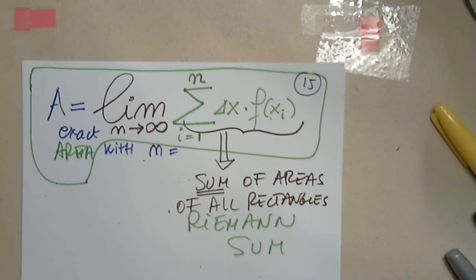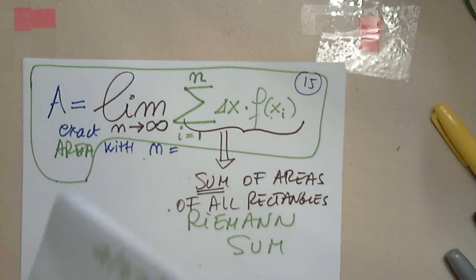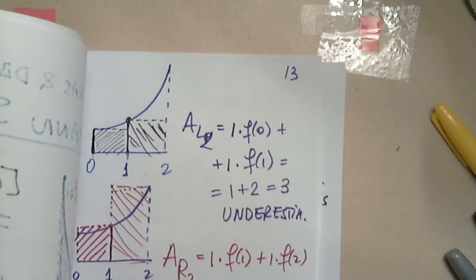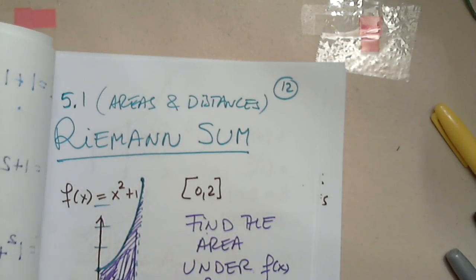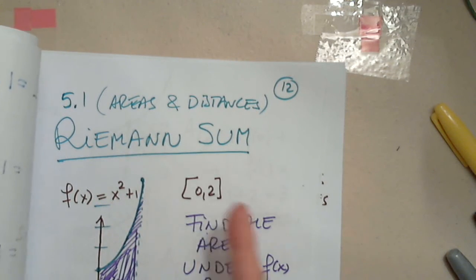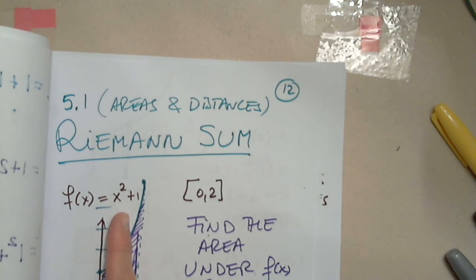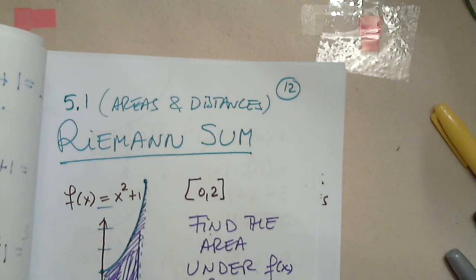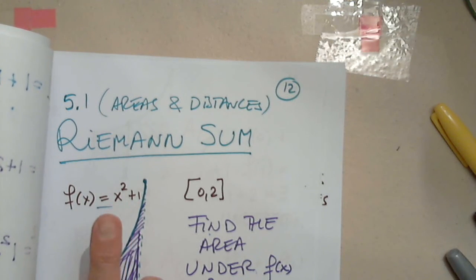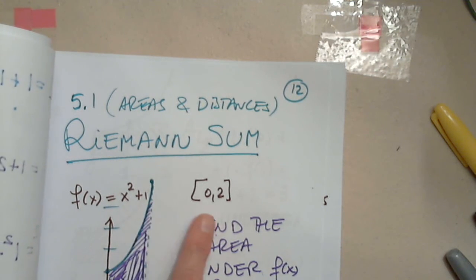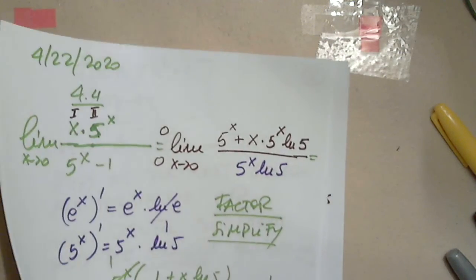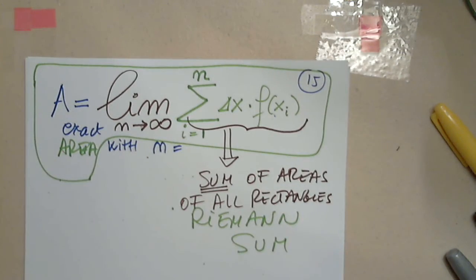Now, we are ready to determine the area that is the exact area for the function we started with. We started with this function. We want to determine, using the limit of the Riemann sum, the exact area, no approximation, no 2 intervals, 4, 6, 8, whatever. We want to determine the exact area under the graph of x squared plus 1 on the interval 0, 2, using the limit of the Riemann sum.